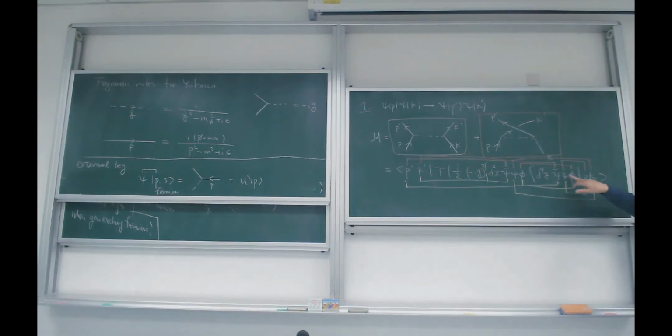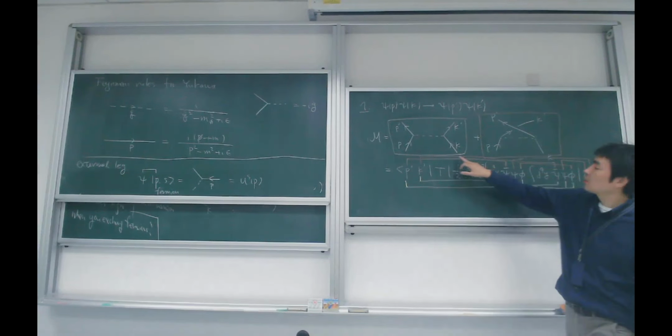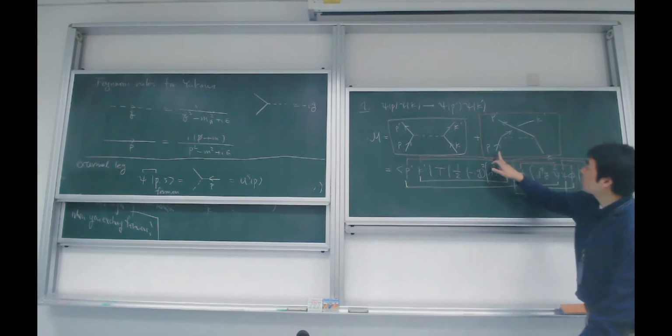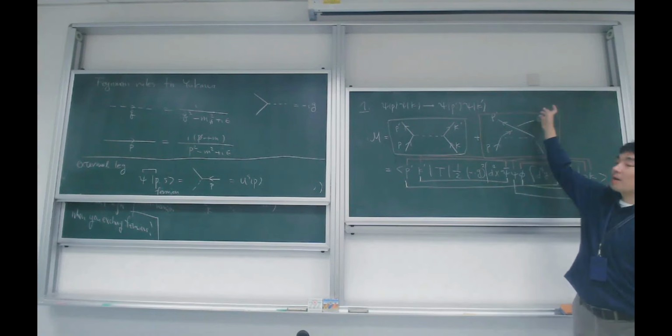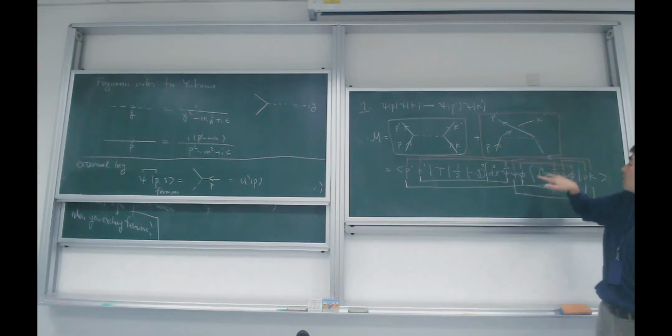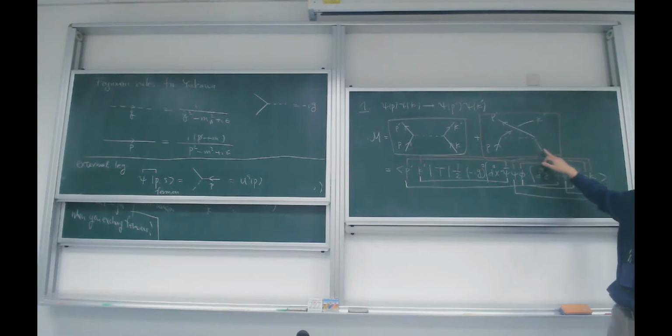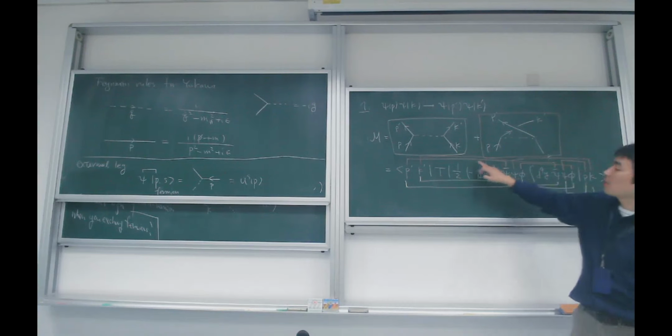So here, red is psi bar contracted with K prime. So psi is contracted with P, therefore P and K prime. That will give you this term. On the other hand, here you have psi contracted with K, so that will give you this vertex, and psi bar is contracted with P prime.